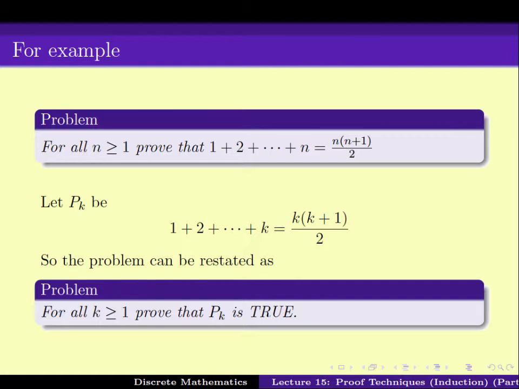So this problem becomes, what we have to prove is basically the AND of all the Pi's, where i ranges over all the possible integers, natural numbers.